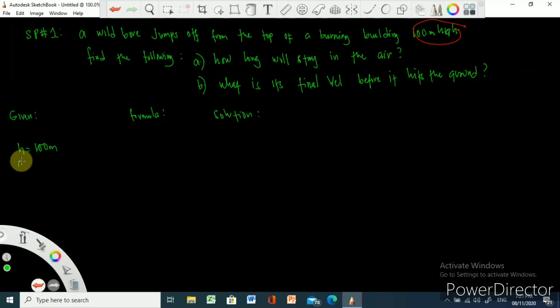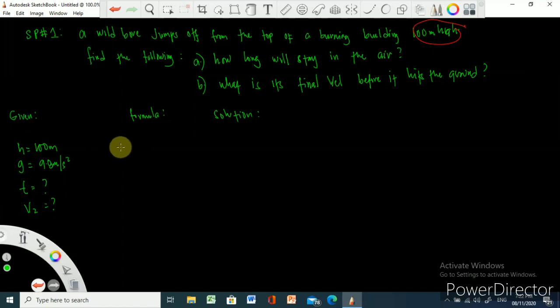Imaginary given, 9.8. What else? Meron pa ba? Wala na, no? Then how long will it stay in the air? Siyempre, time is question mark. And V2, final velocity, so question mark.